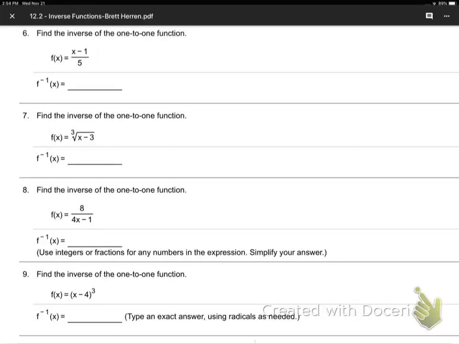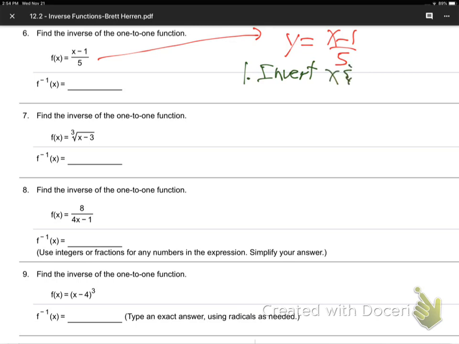Okay, number 6. Bring it over here. We've got y equals x minus 1 over 5. Want to find the inverse function. So what do we do? Step 1, invert x and y. So this and this trade positions, and it becomes x equals y minus 1 over 5.